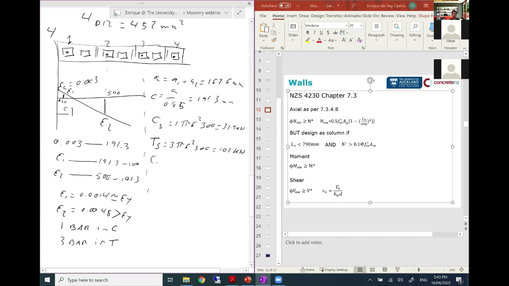Now the compression force coming from the masonry, which is 85 F'm a thickness, and this is equal to 232 kilonewtons. Now we need equilibrium.